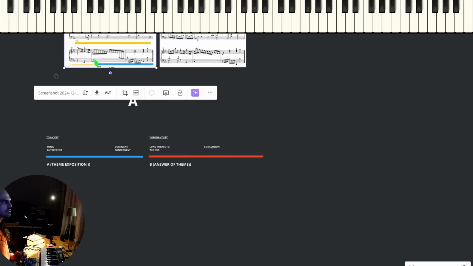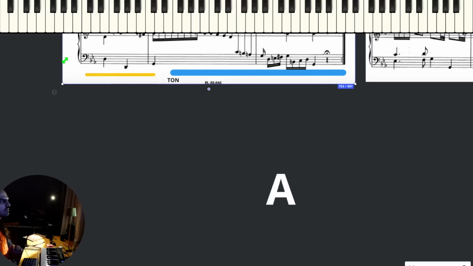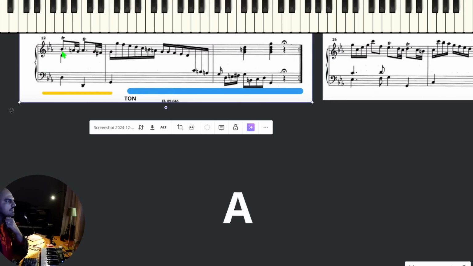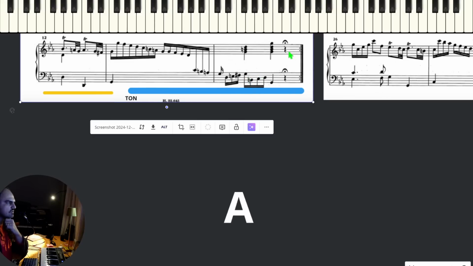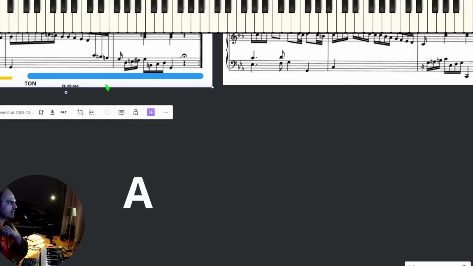So it's a very conclusive part. Actually, this conclusion consists in one perfect cadence in G minor, and again the statement of G minor for the second time in a stronger way. So this whole event is very important.